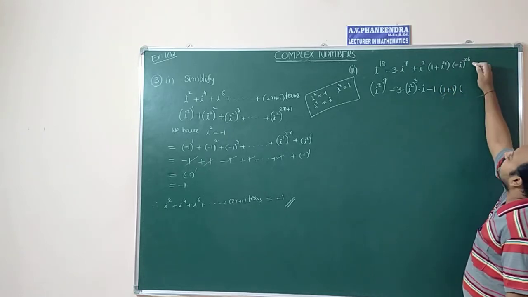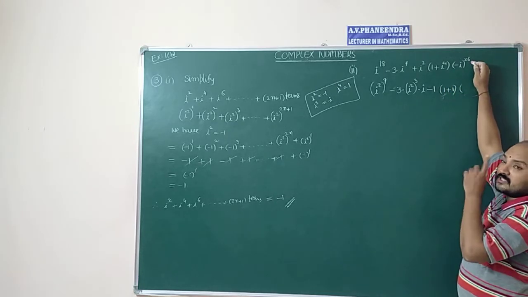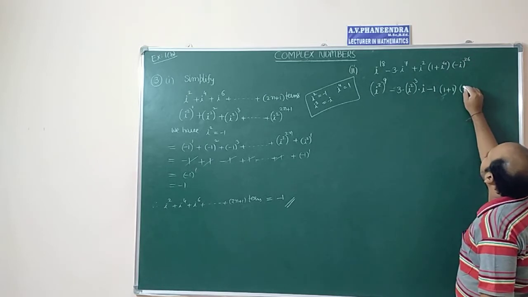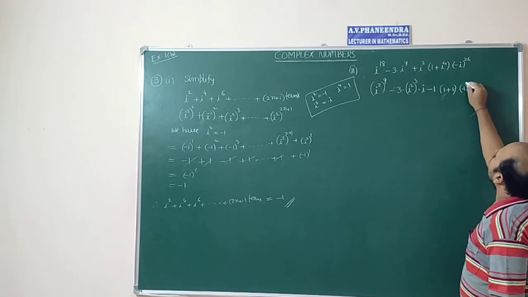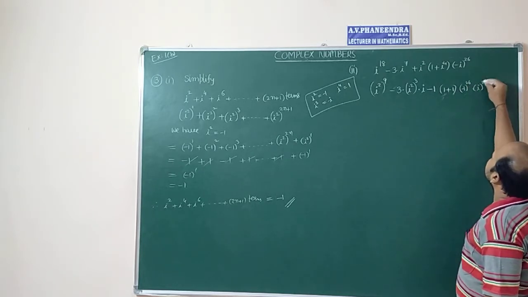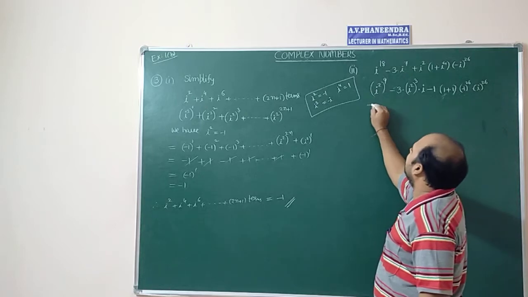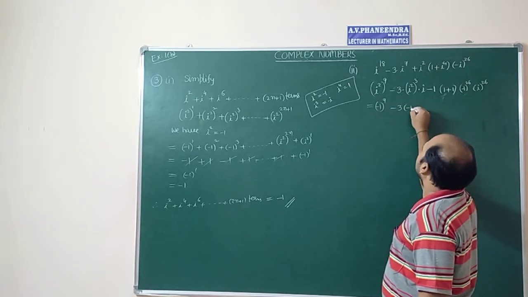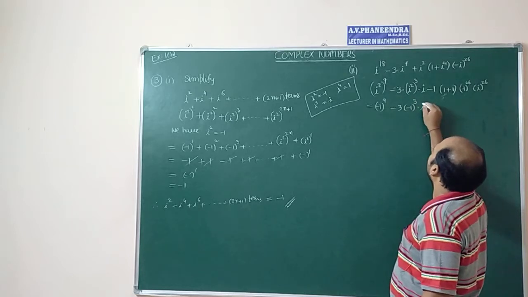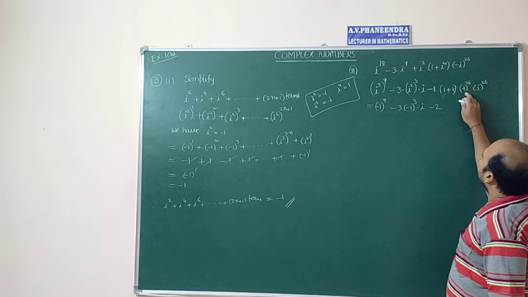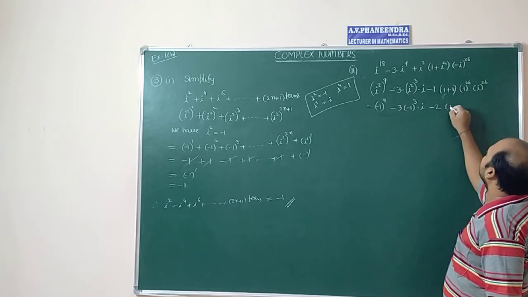Minus 1 whole power 26 is even power, minus into even powers means plus, otherwise like this you can write minus 1 whole power 26 into i power 26, i square value minus 1 whole power 9, minus 3 into minus 1 whole power 3 into i, minus 2 into 1. Minus 1 whole power 26 is plus 1.